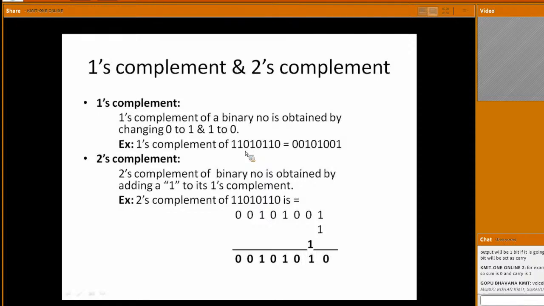When you see this example, find out the ones complement of this number 110.